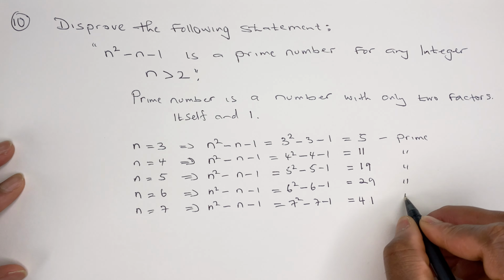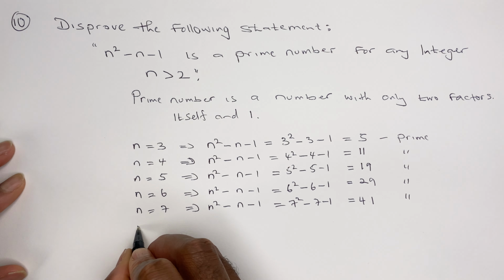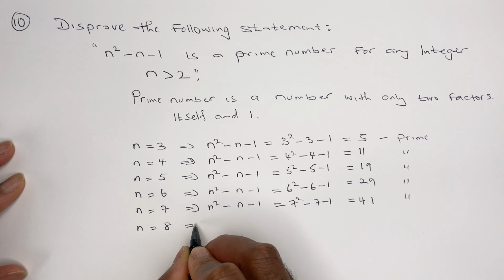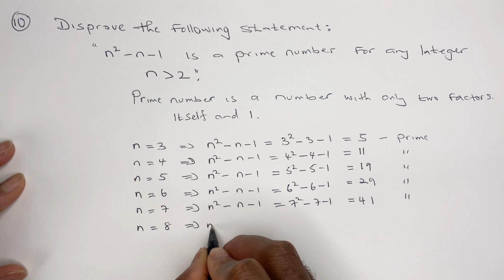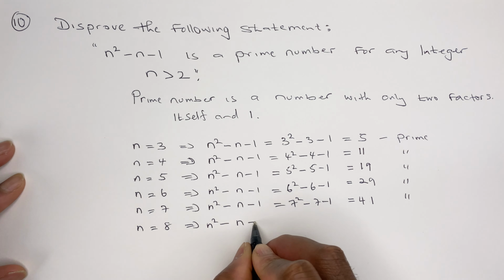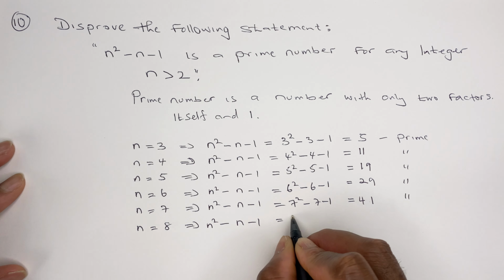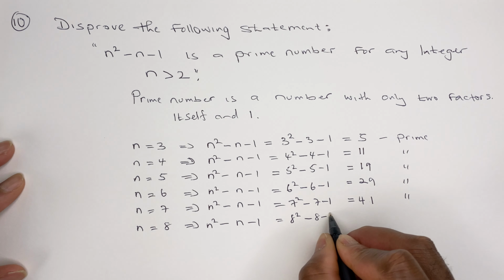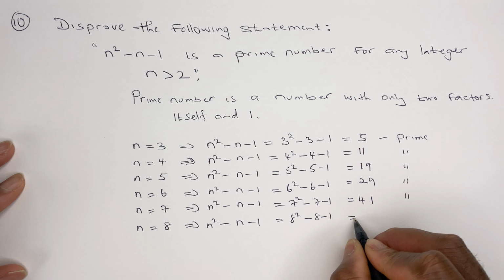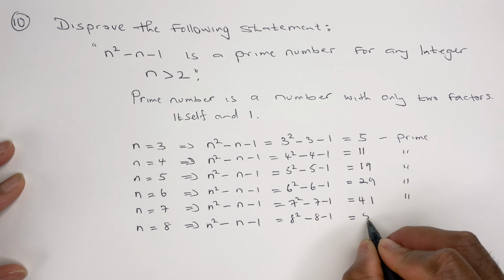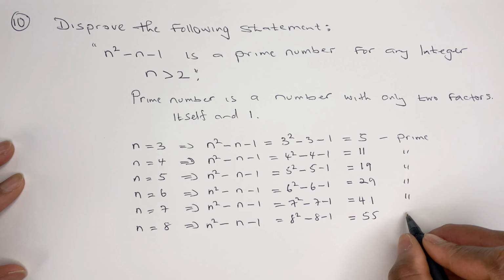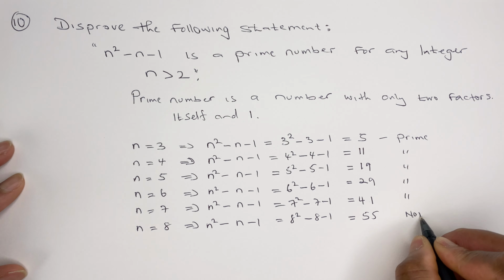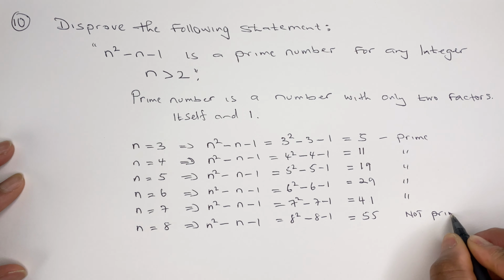Again, that's a prime number. n equals 8 will give us n squared minus n minus 1 is 8 squared, 64, minus 8 minus 1, and that will give us 55, and that's not a prime number.